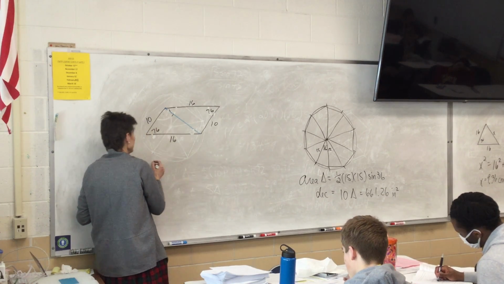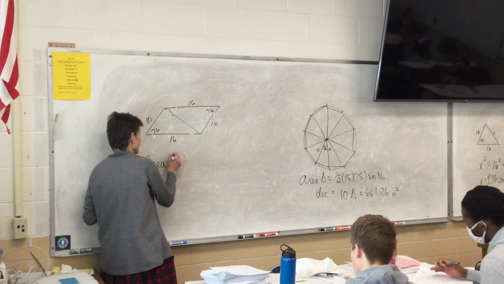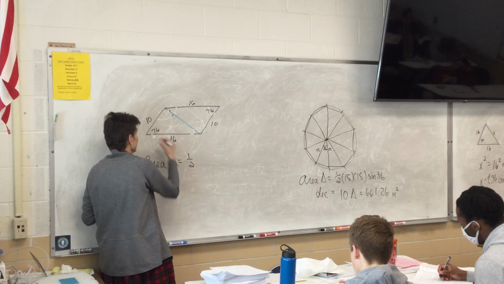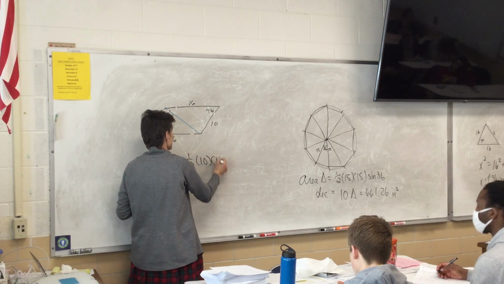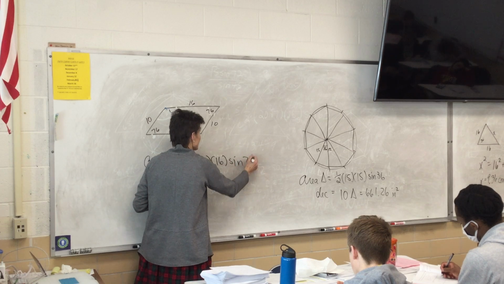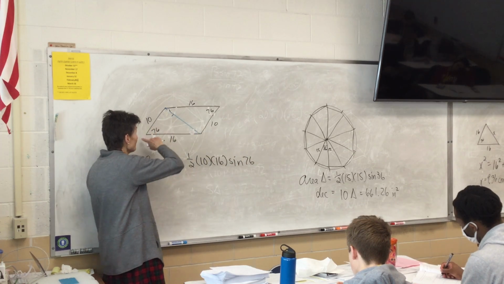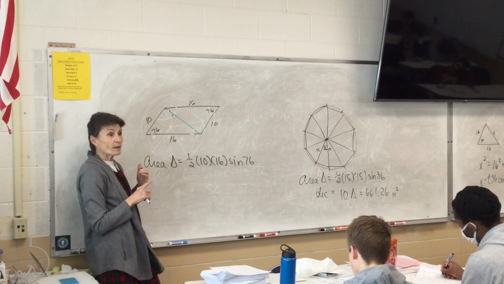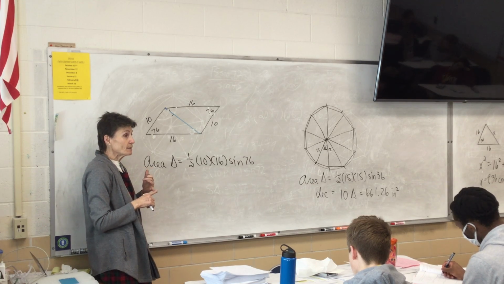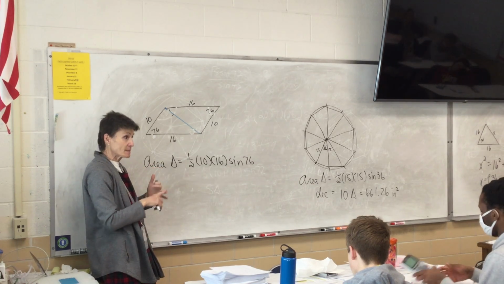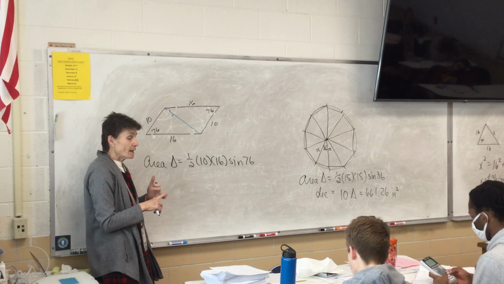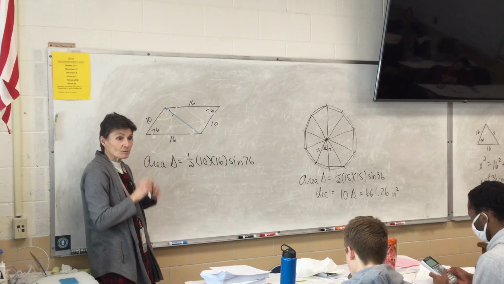So what's our formula for area of a triangle? 1/2 times 10 times 16 times sine 76. Now, if you went the other way, your area will be 1/2 times 10 times 16 times sine 104. And guess what? The answer's the same.